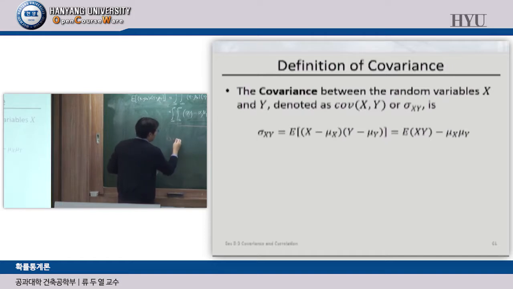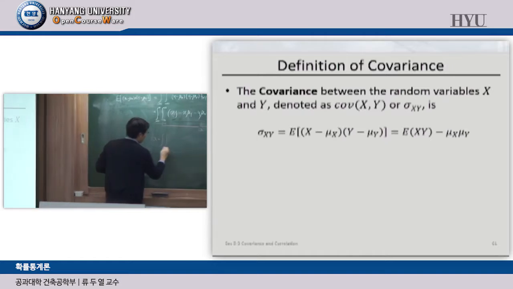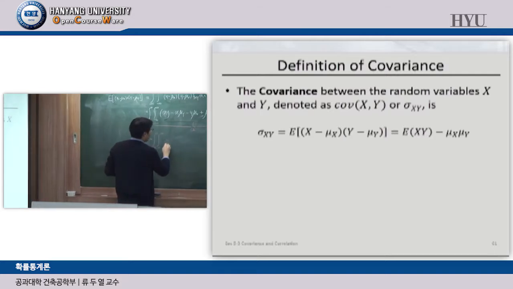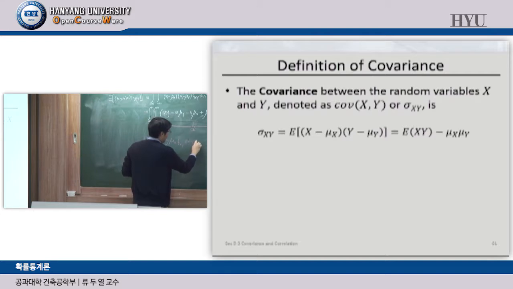So small a is equal to the double integration from minus infinity to infinity of y mu x f xy of x comma y dx dy.